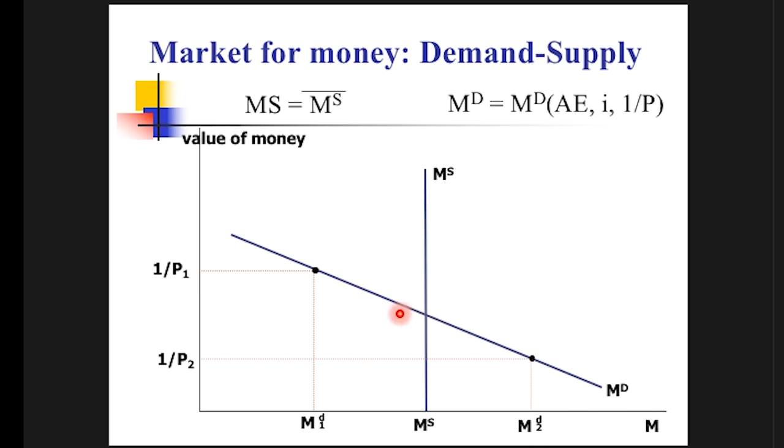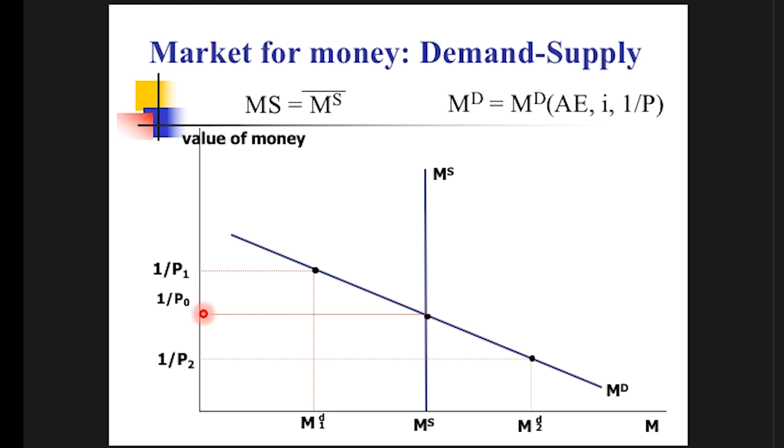The interaction between money supply and money demand gives us the equilibrium in the markets. So if there is a change in the money supply or money demand, the money supply curve or the money demand curve shifts to a new position, and we will have a new equilibrium in the markets. And so there will be a change in the value of money.